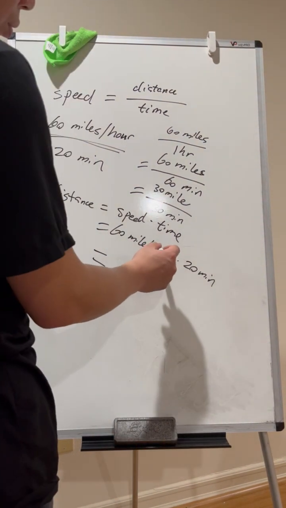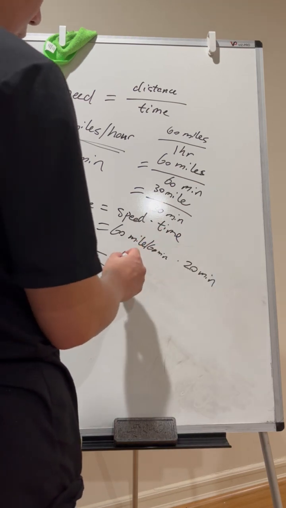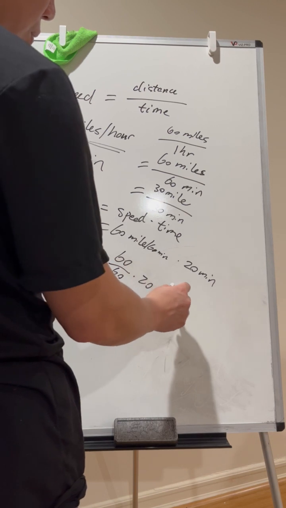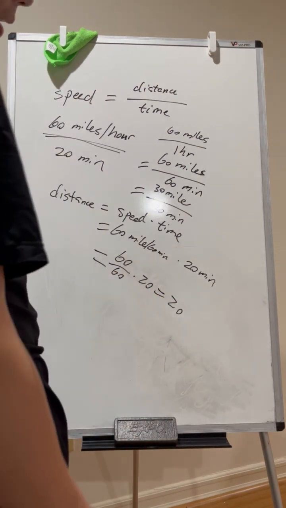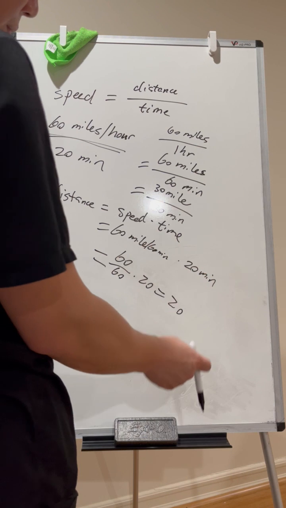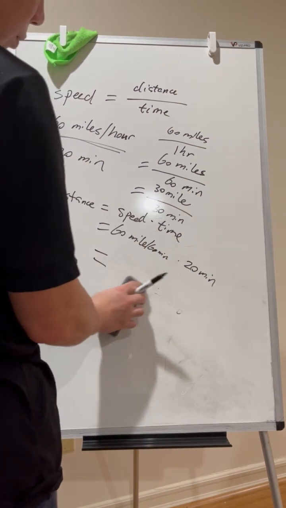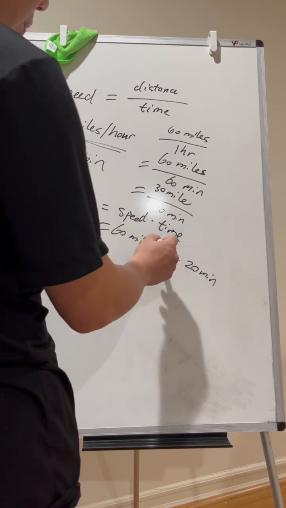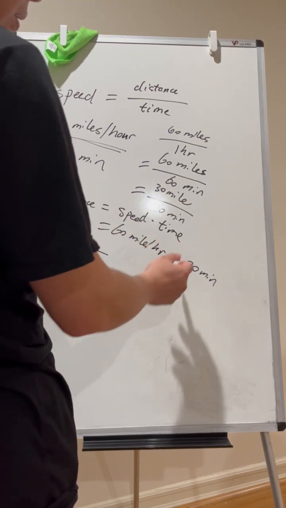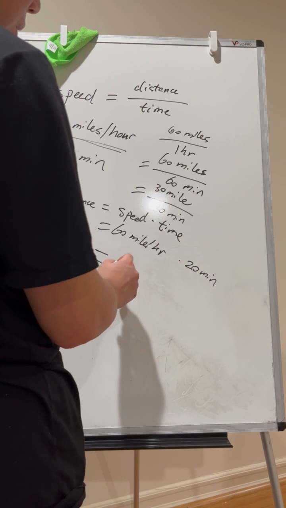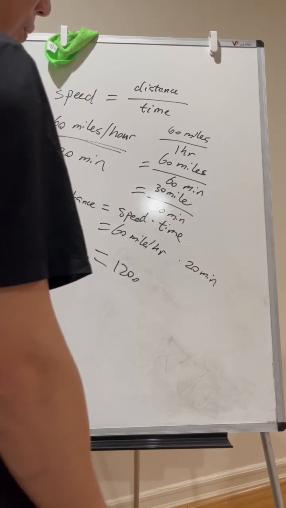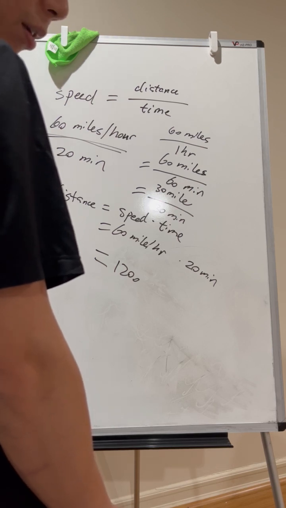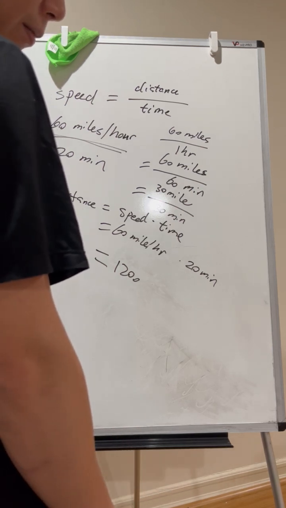Because if I don't write these units, it will be 60 over 60 times 20 equals 20. Right? But these units are very important because sometimes you may say, oh, 60 miles per hour times 20 equal to 1,200 miles. Right? What's wrong here?